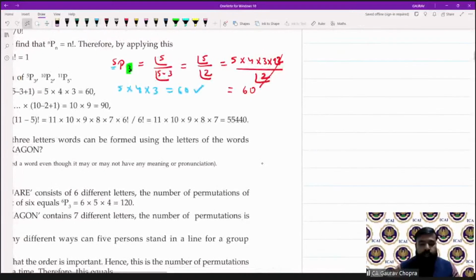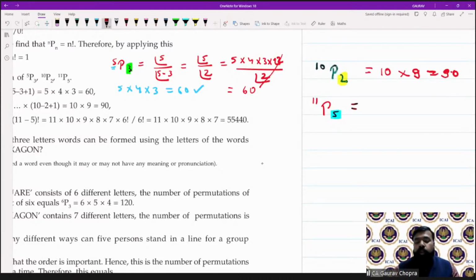Let's do another one. 10p2. Here 2 is written, so you have to write 2 digits in reverse order, beginning from 10. So 10 into 9, it is 90. Similarly, if you want to solve 11p5, that means 5 digits you have to write in reverse order.